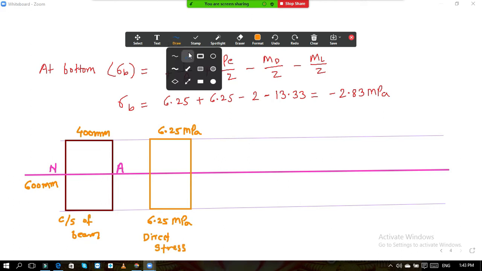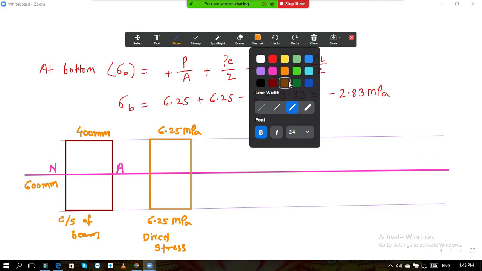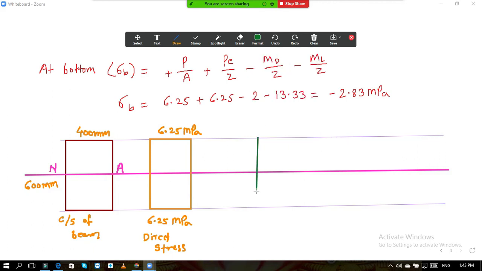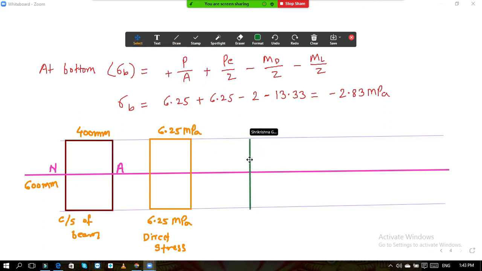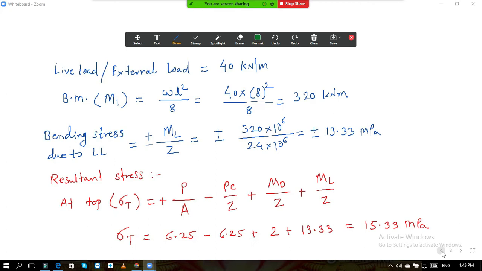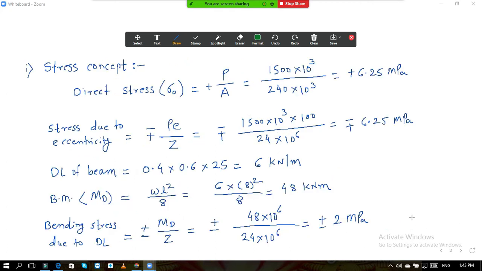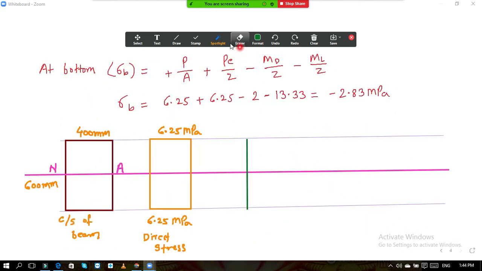Okay. Then next is your stress due to eccentricity. Okay, so the stress due to eccentricity, what is the value? If we see the value of PE by Z, it is minus plus 6.25. So at top it is minus, at bottom it is plus. So at top it is minus means from top we should plot it to the left.